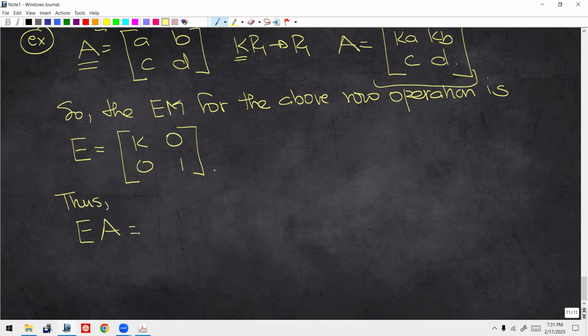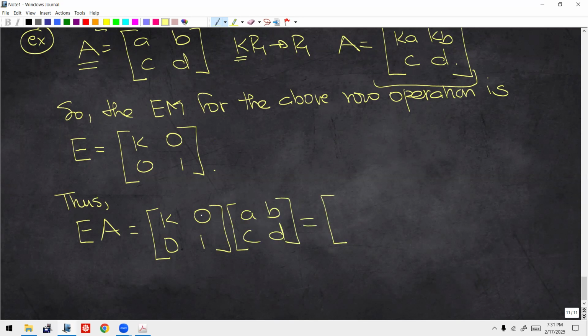So let's see. I'm going to start with E, which is [K, 0; 0, 1], and then A was [a, b; c, d]. We're going to do row times column. Row times column, I get Ka. Row times column, I get Kb, because 0 times c is 0, and 0 times d is 0. Row times column, 0 times a is 0, 1 times c is c.